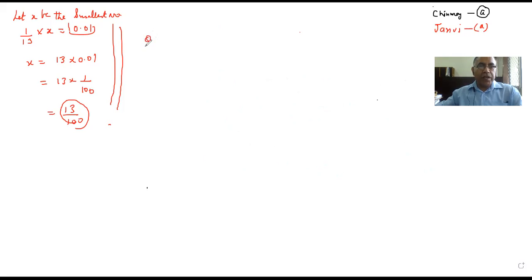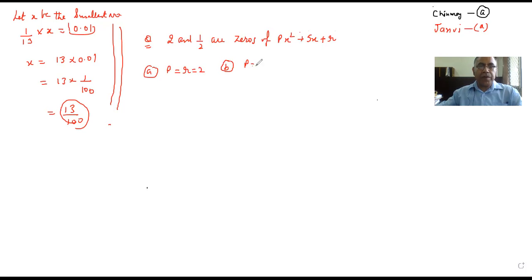Okay, the question is: 2 and 1 by 2 are zeros of px square plus 5x plus r. Then the options are: A, p is equal to r is equal to 2.